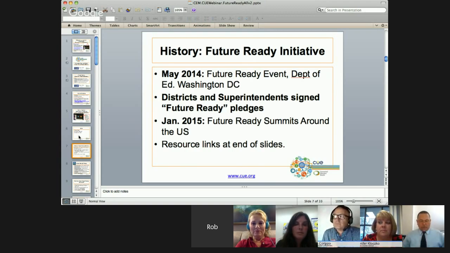It was kind of cool because it was all done digitally, and people were signing on their iPads all synchronously, and you could watch the map light up all the different school districts around the United States and superintendents that signed that. As a follow-up to that, they have held Future Ready summits around the U.S., and all the links and the resources about the current Future Ready direction are at the end of our slides. So that's a little bit about the history.